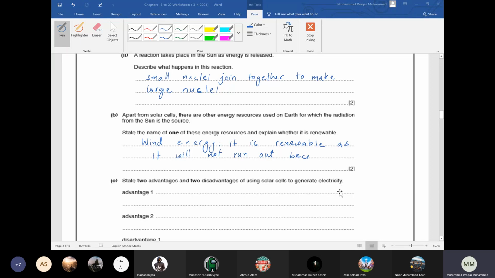Beta, actually my screen is not working. I'm even unable to scroll down to the next question. I think I may have to restart it, so that will take a moment. Yes, sir.